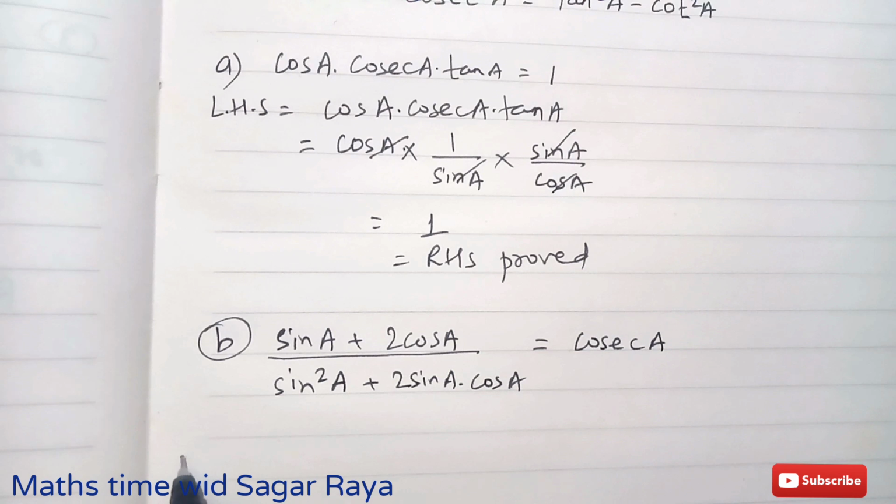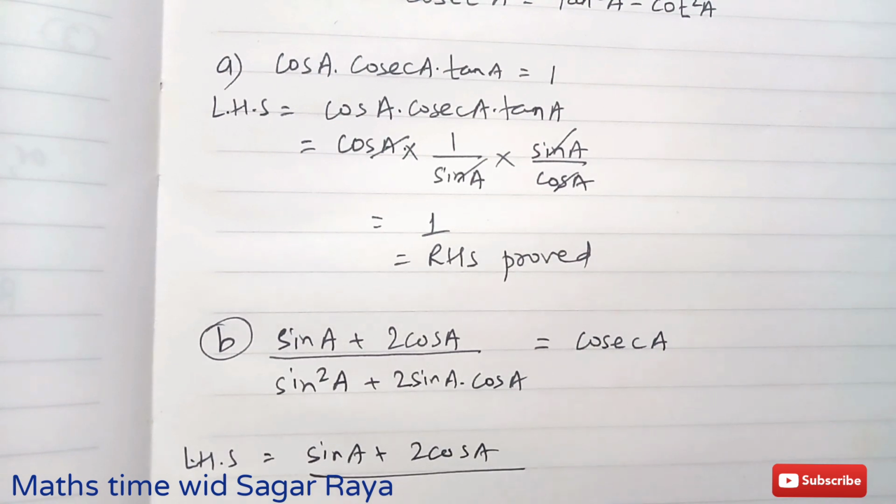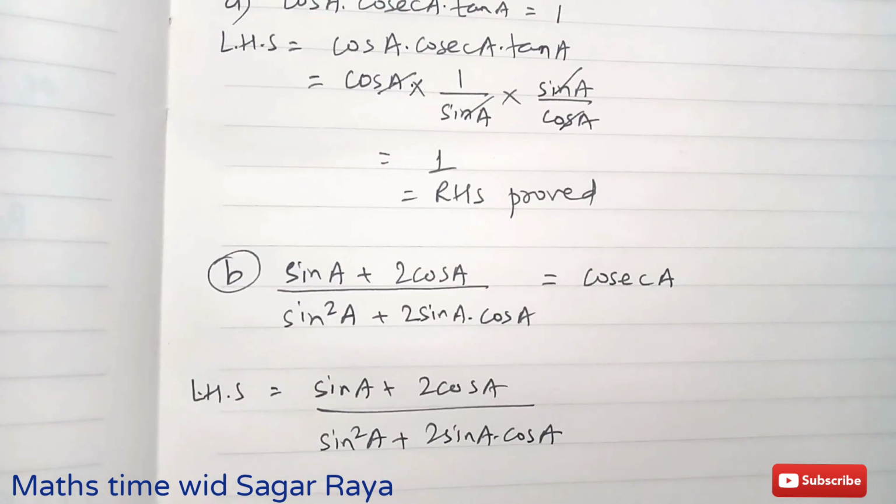Here also I will take the LHS, left hand side. In the LHS, sin A plus 2 cos A is given and sin square A plus 2 sin A dot cos A is given. In every proof we have to think in a different way.